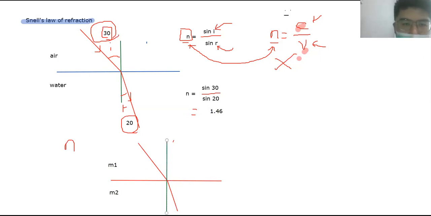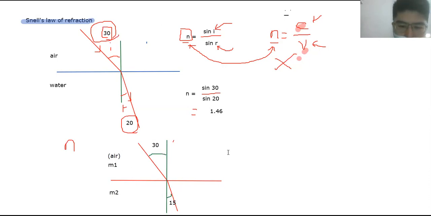The incident angle is 30, and the refracted angle is, let's take 15. Again, calculate the refractive index of this medium. The first medium is A, and the second medium is whatever medium that is denser than A.